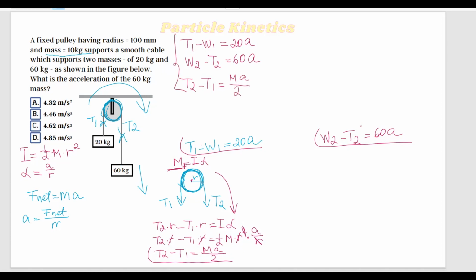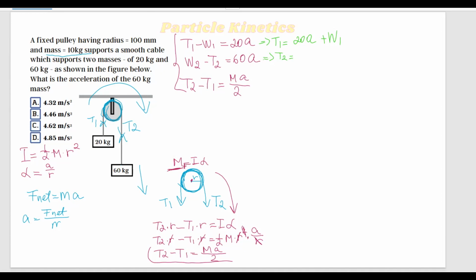So this is our system. I'm going to go ahead and delete the rest so I can calculate for the unknowns. Equation number 1, let's calculate for T1, which is equal to 20A plus W1. Equation number 2, we're going to calculate for T2, which is equal to W2 minus 60A.